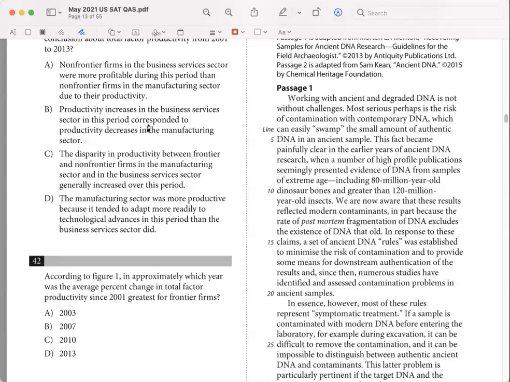So the first paragraph of this passage is concerned with ancient DNA, which is recovered from fossils, from archaeological deposits, etc., and how there is the risk of the contamination of that DNA with modern DNA, the DNA of today. And so this passage is going to discuss the rules that have been established to prevent that contamination.